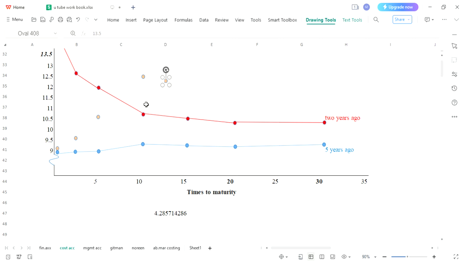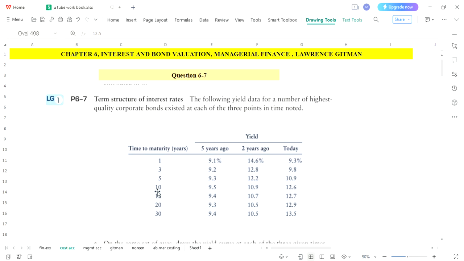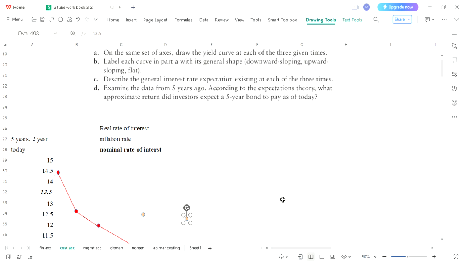The next point is for 15 years. For 15 years you have a rate of 12.7. 12.7 would be a little above the previous point. So here we have got 12.7.